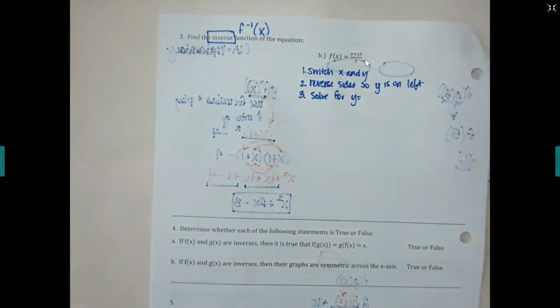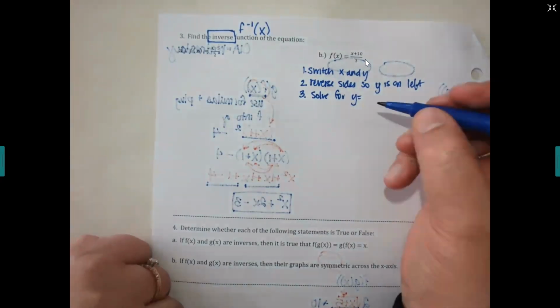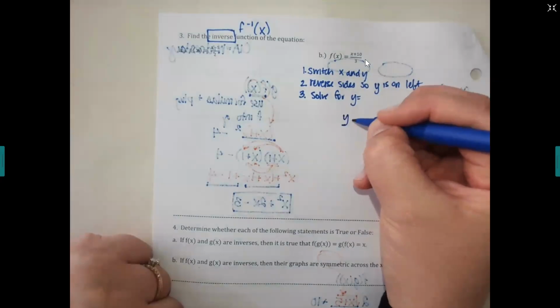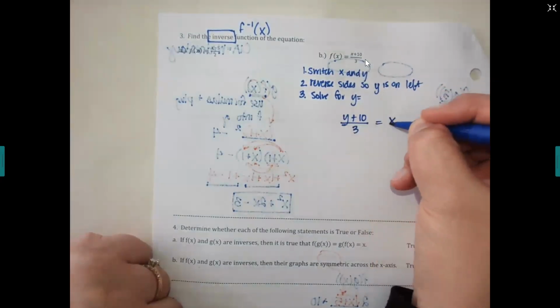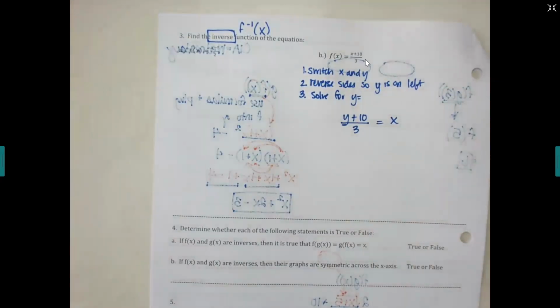So if I'm looking at this equation, it's (x + 10)/3. I'm gonna change that to (y + 10)/3 equals x. So I swap the x and the y in the equation, and then I let the y side come first.